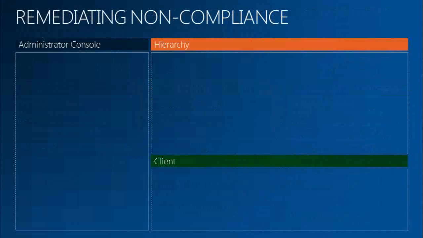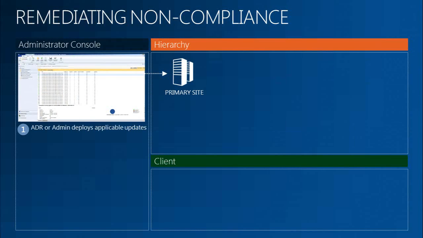So the remediation piece, continue on. So the ADR, which stands for Auto Deployment Rule, which is new in Configuration Manager 2012, is our recommended way to deploy your Patch Tuesday updates now, because you can write very explicit rules in the auto deployment rule feature that will return exactly the updates you need, and it will run on a schedule that you define.